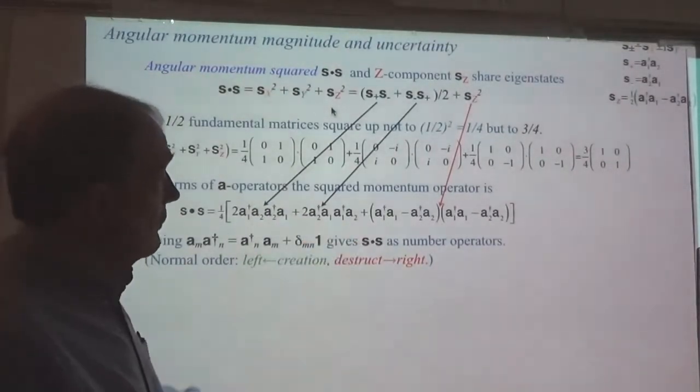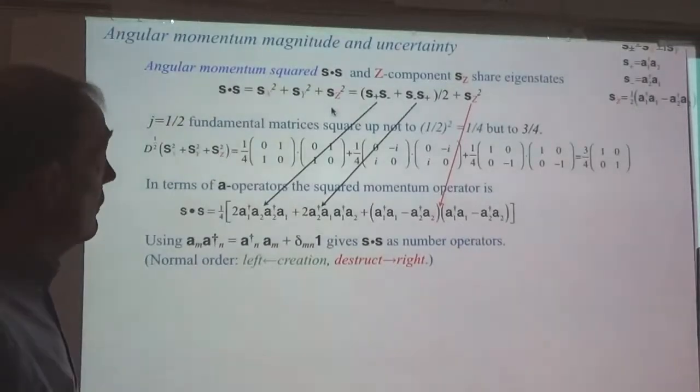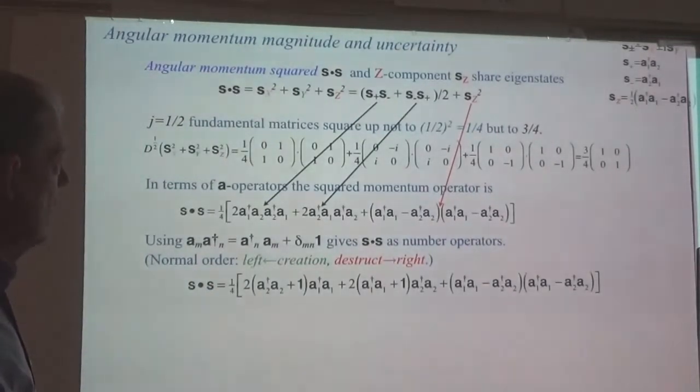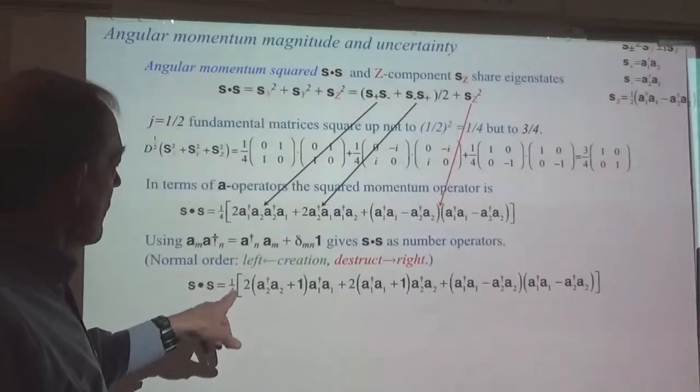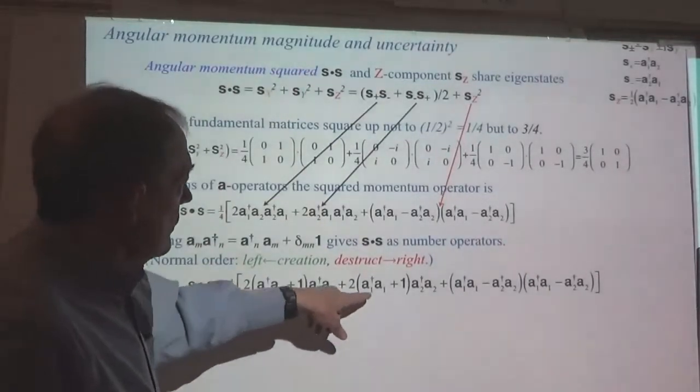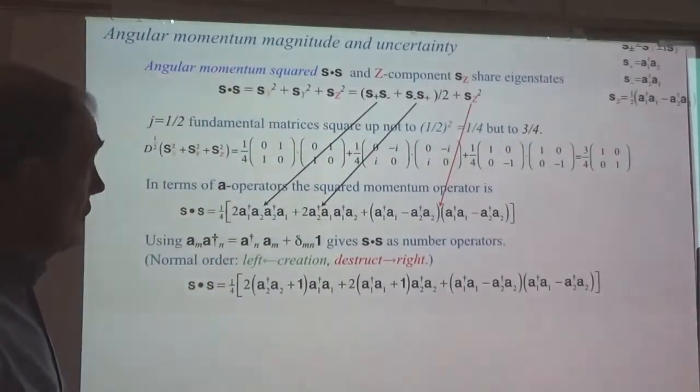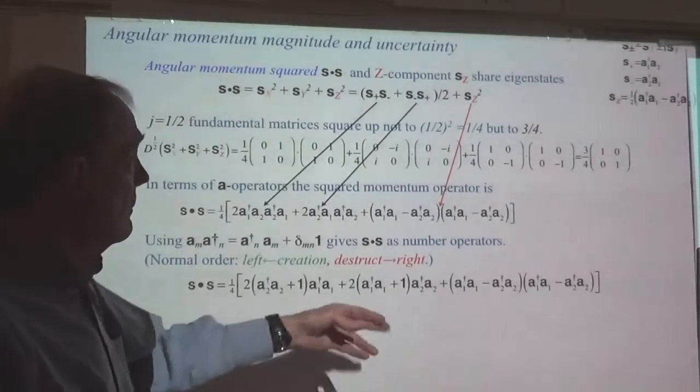Destruction operators are the things that will kill the vacuum, so we get a very big reduction in the number of terms we have to worry about. So that's what's going on here, replacing each of these with what turned out to be just number operators. So we've got a bunch of number operators here.